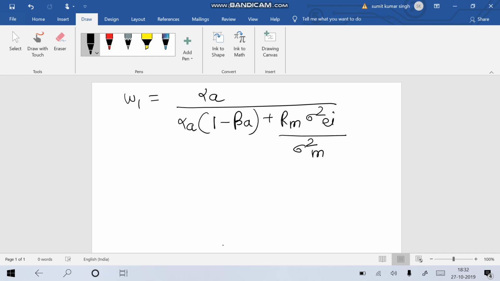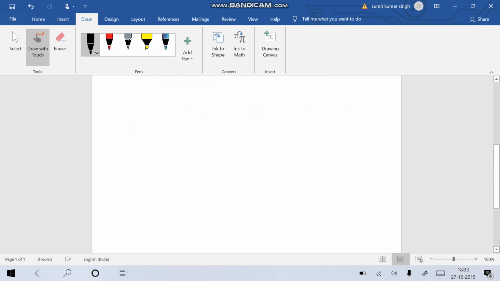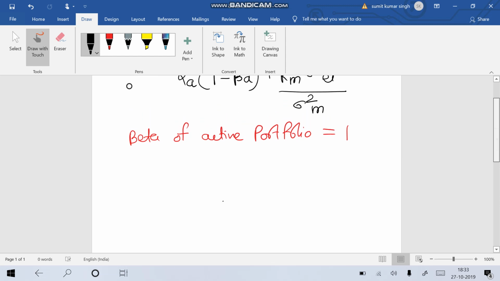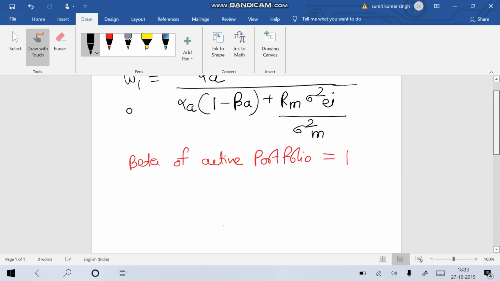Now, what you can assume for the time being, for determining the initial weight under the Treynor-Black model, is that the beta of the active portfolio is equal to 1. This is just a hypothetical case, because what we want is to determine the ideal position.